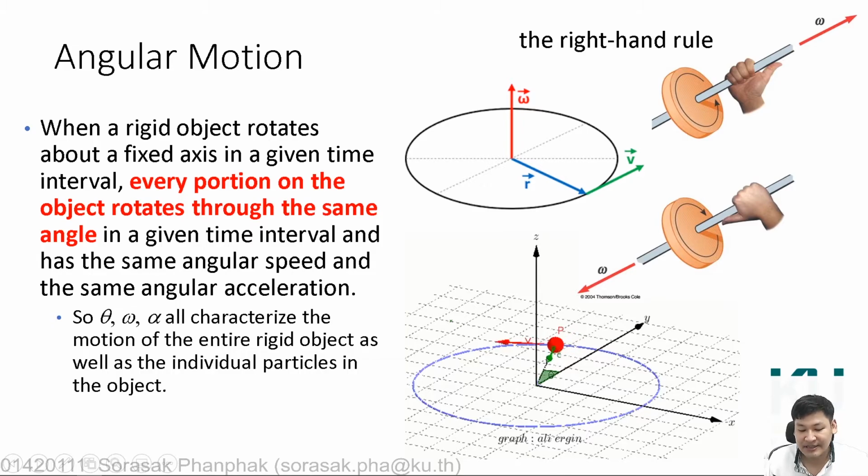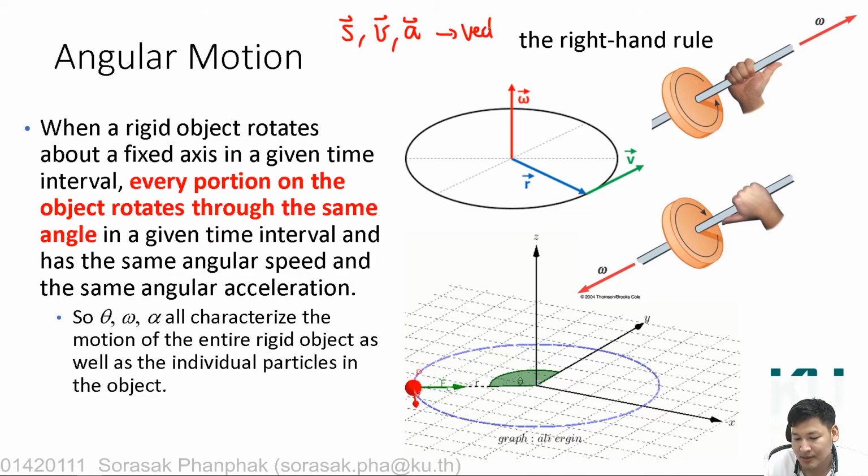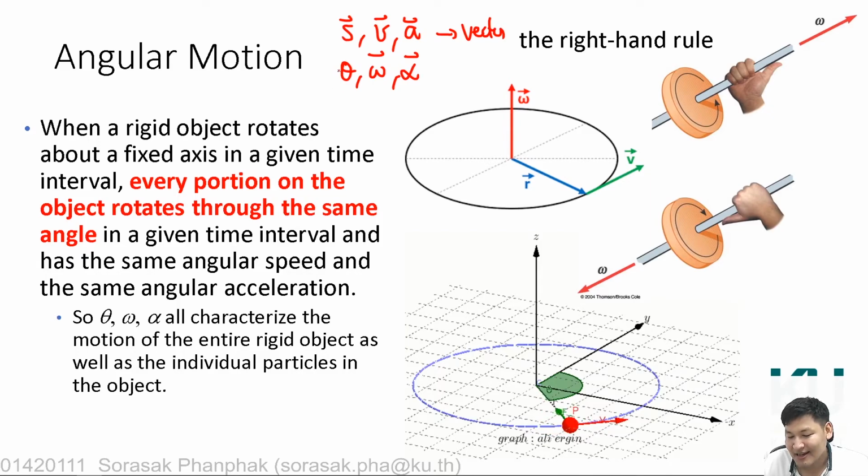Now, as I already said, all these quantities, the displacement, the velocity, the acceleration, are vectors, right? How about the theta, omega, and alpha? They are also vectors. But the way to determine the theta, the angular displacement, is slightly different compared to omega and alpha.